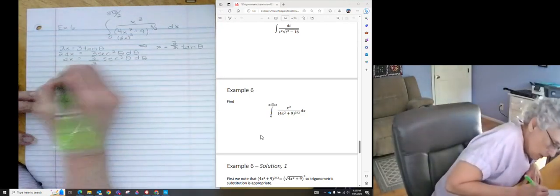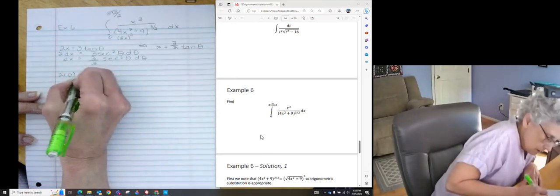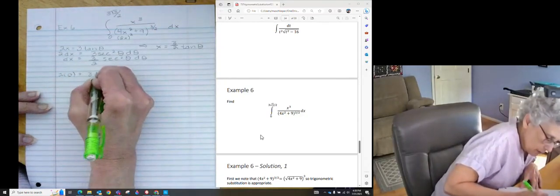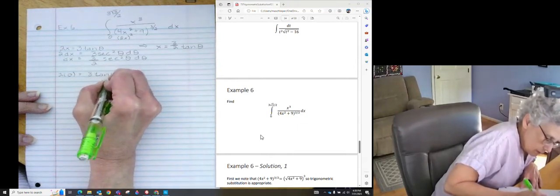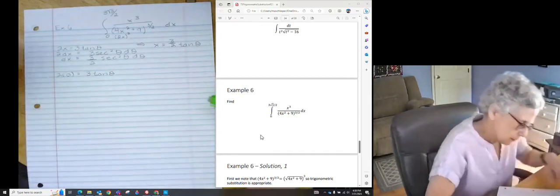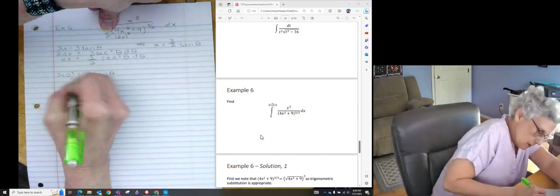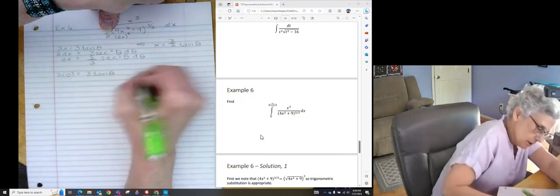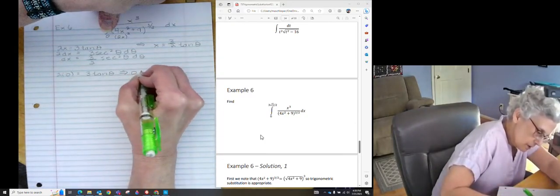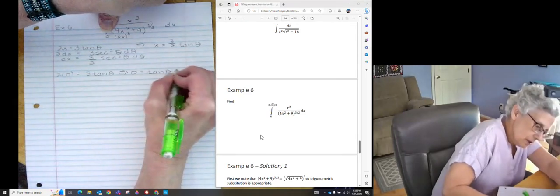Now, 2 times 0 is equal to 3 tan theta. So when x is equal to 0, 2 times 0 over 3 would be 0, which is equal to tan of theta.